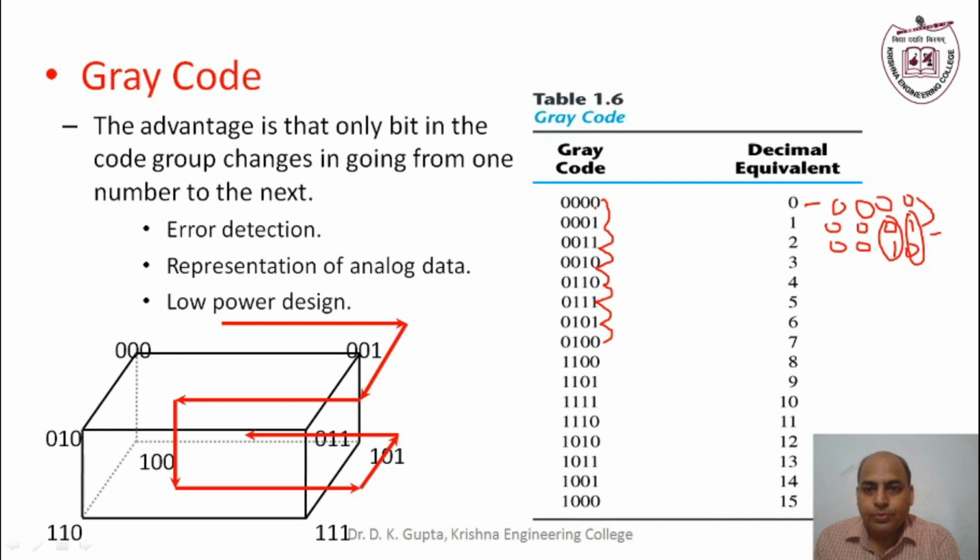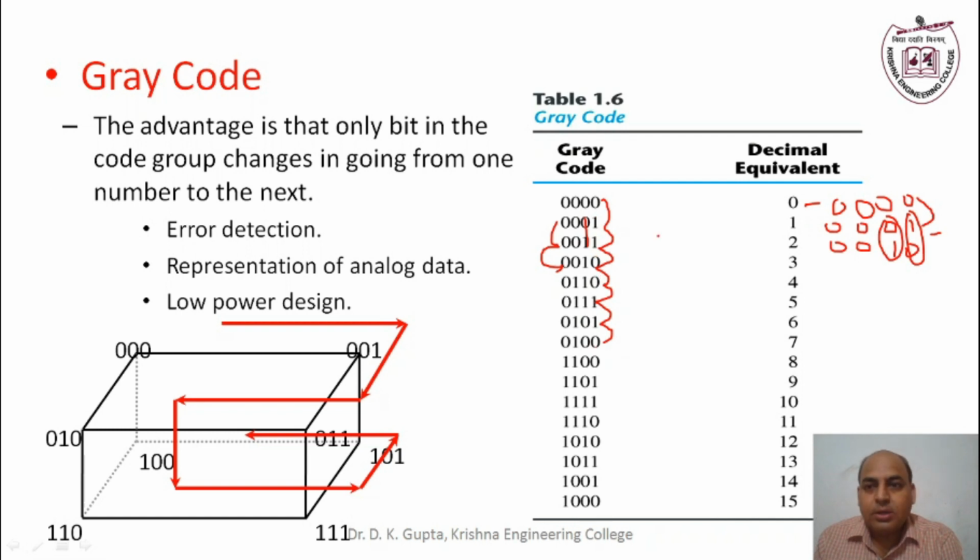So 0, then 1, then not 2 but 3, where only one bit position changed. Then from 3 the next digit is 2. So 0, 1, 3, 2, 6, 7, 5, 4. This is the bit pattern of gray code.